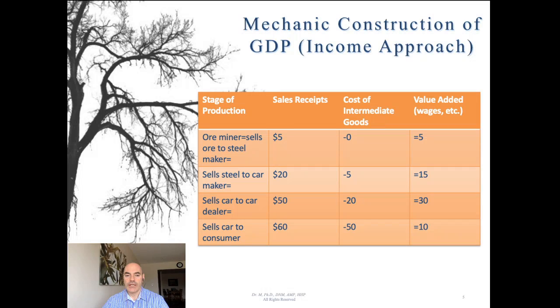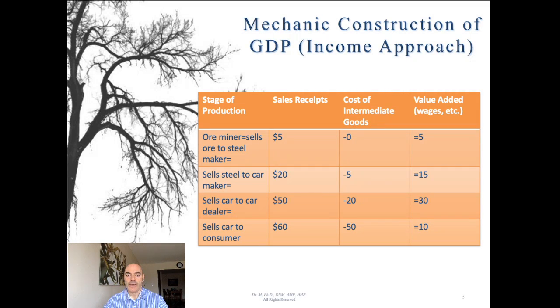So one company or one person extracts the natural resource from the ground and sells that to the next person, in this case the steel maker, for $5. Cost of intermediate goods is recorded as 0. Value added is 5.